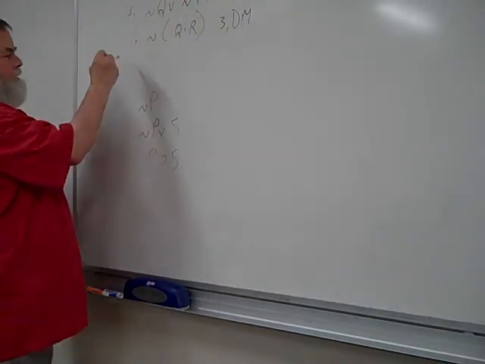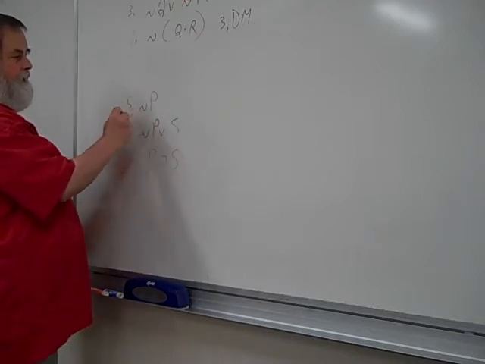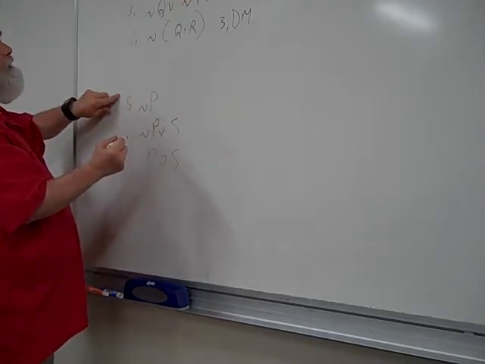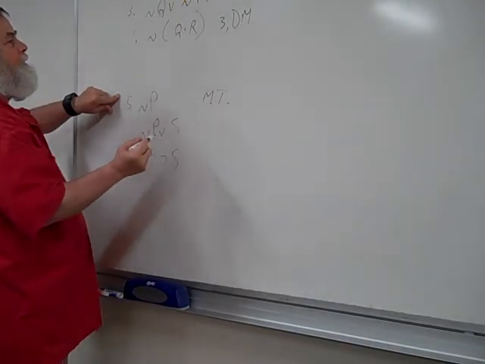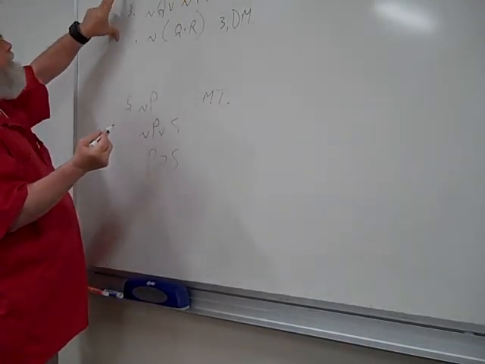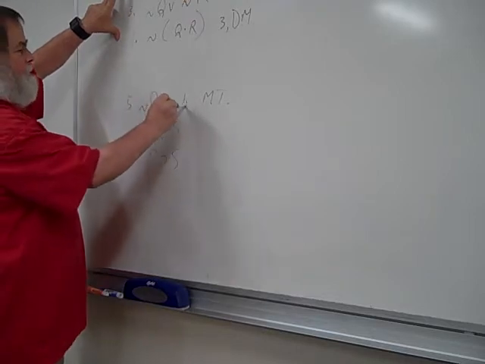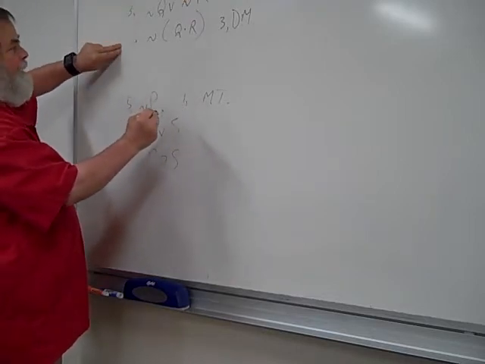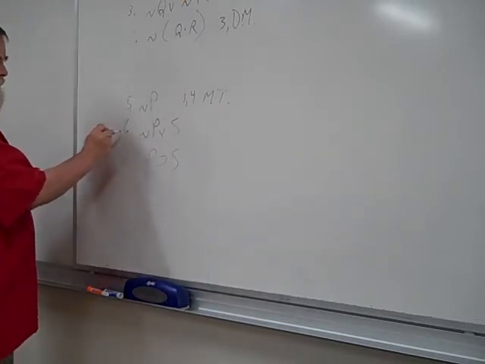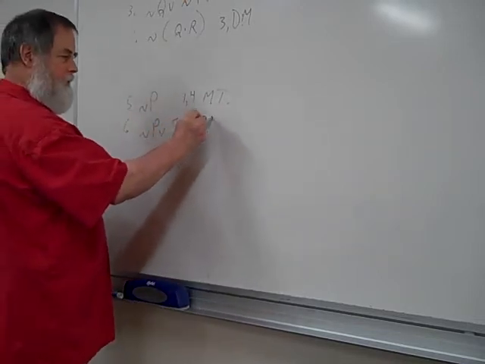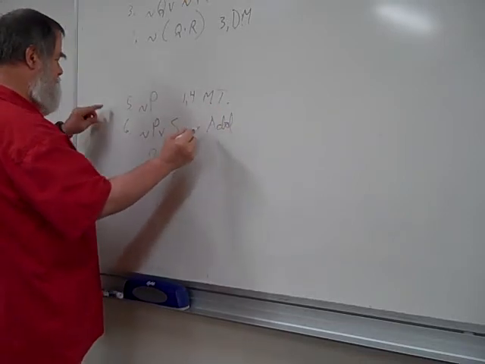So 5, not the case P, and that's modus tollens from line 1 and 4. And then line 6 is addition to 5.